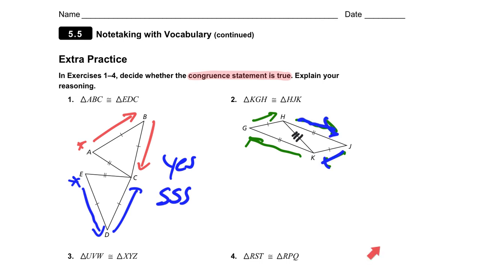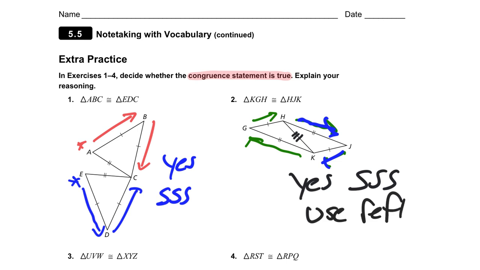I go from two marks to one to three. So two, one, three. So here, two, one, three. They're in the same order. So yes, and then we see side. We do see that, but we had to use our reflexive property to get there. So it wasn't in the given, in a way.